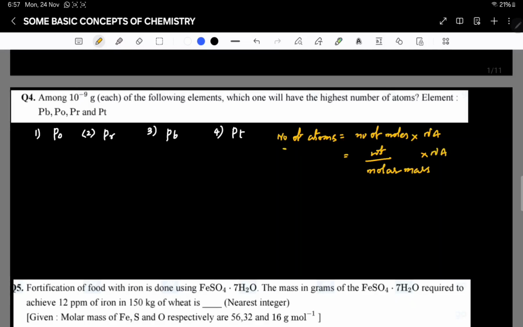So simple, number of atoms is inversely proportional to molar mass, to 1 by molar mass.